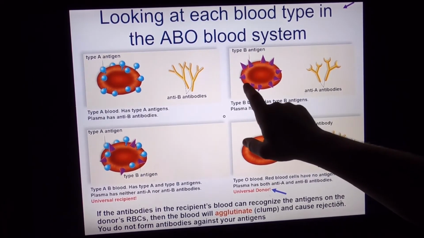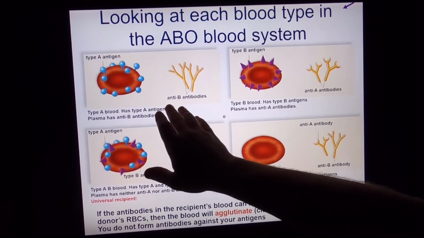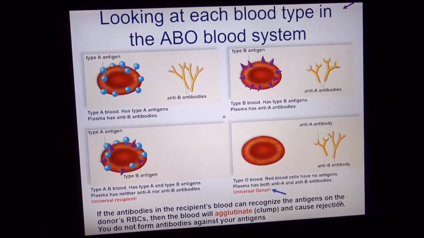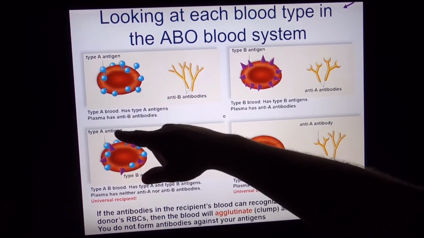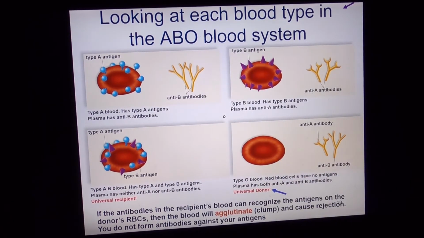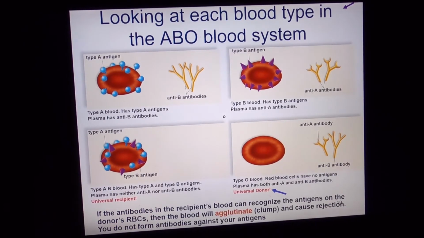And when it recognizes that this is foreign, they will build type B antibodies. We call them anti-Bs, okay? So I'm type A. Somebody gives me type B blood, I'm going to make antibodies against it, mark those cells, and destroy them. I'm going to end up with all kinds of crazy agglutination taking place.